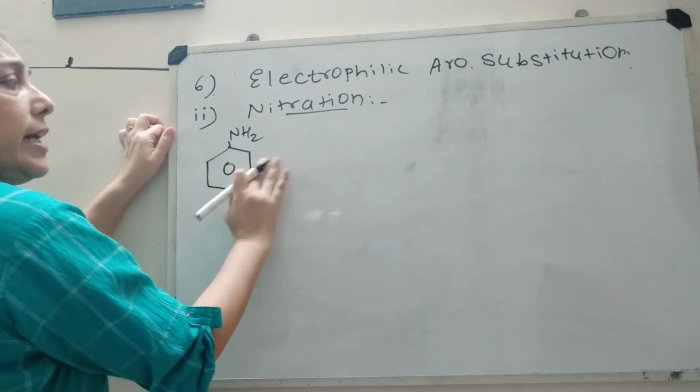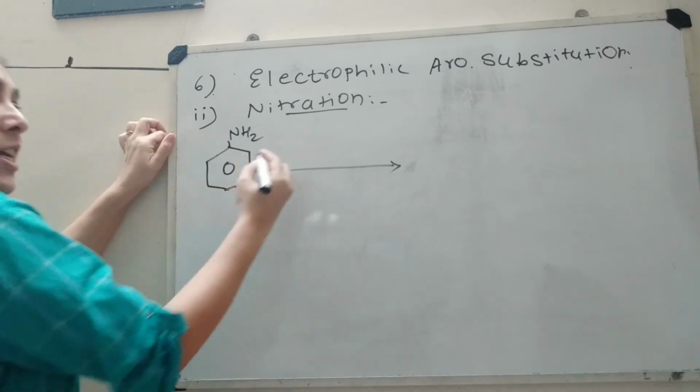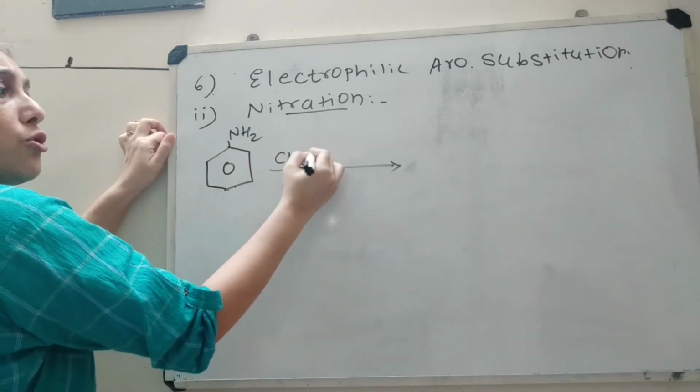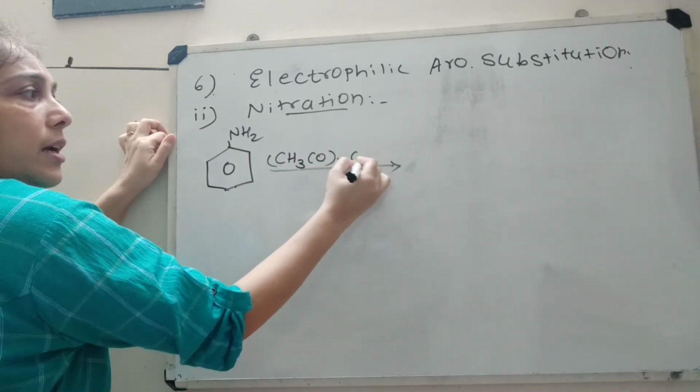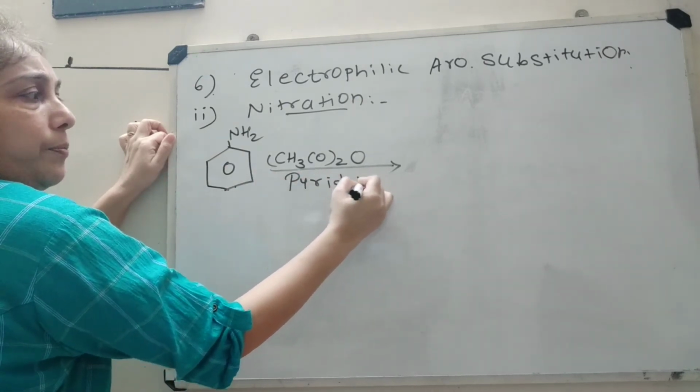Suppose this aniline reacts with acetic anhydride, the acetylating agent (CH3CO)2O, in presence of pyridine.